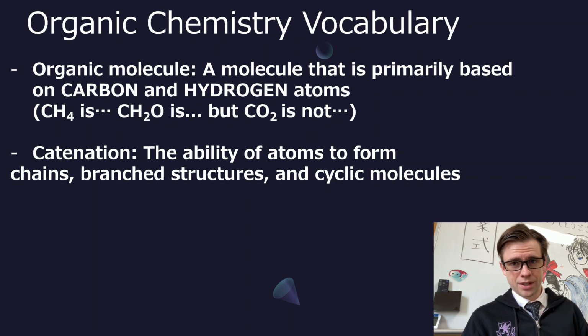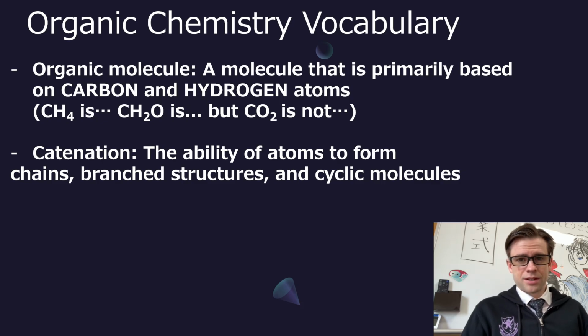CH2O is also organic, even though it's got an oxygen, and the oxygen is actually a very significant part of this molecule's weight. CH2O is still organic, but CO2 is not, no hydrogens, just two oxygens. So you kind of need carbon and hydrogen, I think, at least one of each, maybe that's the rule.